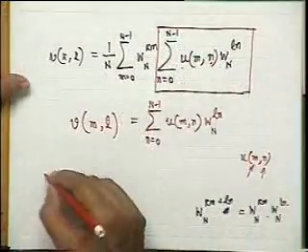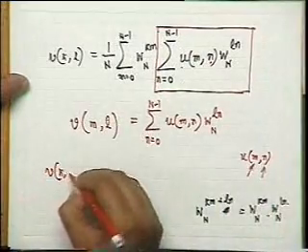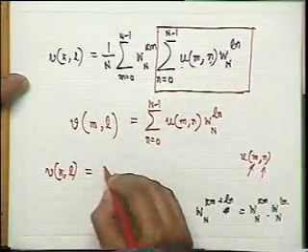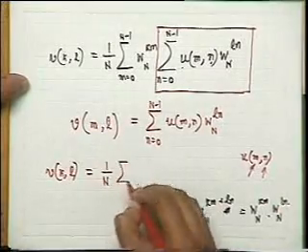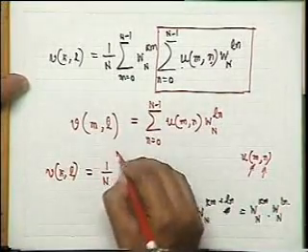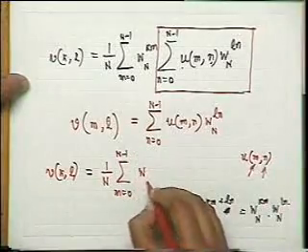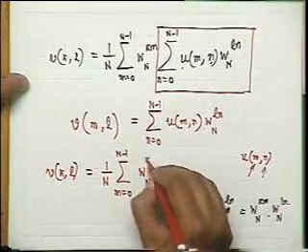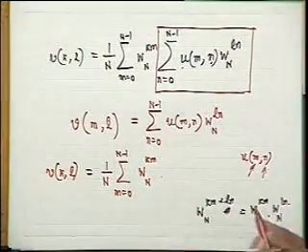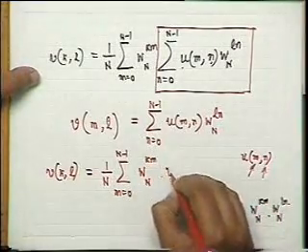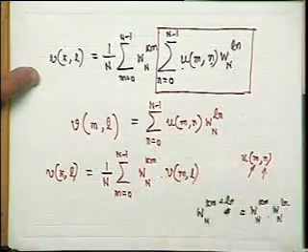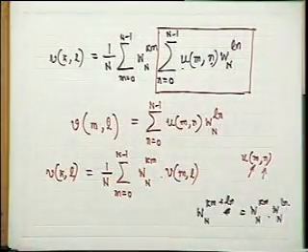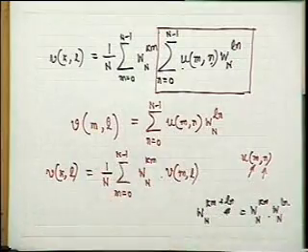So assuming that I have taken care of the normalization factor properly, I should be able to write V of KL equal to 1 by n summation m equal to 0 to n minus 1 W to the base n km, and over here I will simply write V of ml. And now what is this expression indicating?